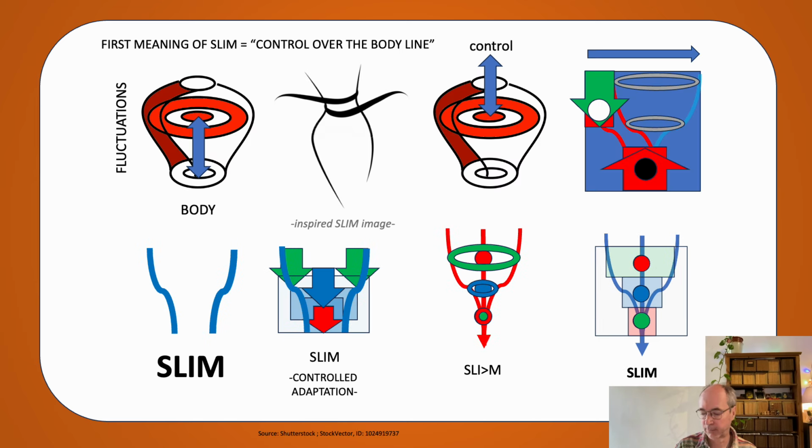Let's just have already one image that I found on the internet that is expressing SLIM, and let it inspire us a little bit. Also here, SLIM is giving us already a very good impression that it is about having control over the body line.